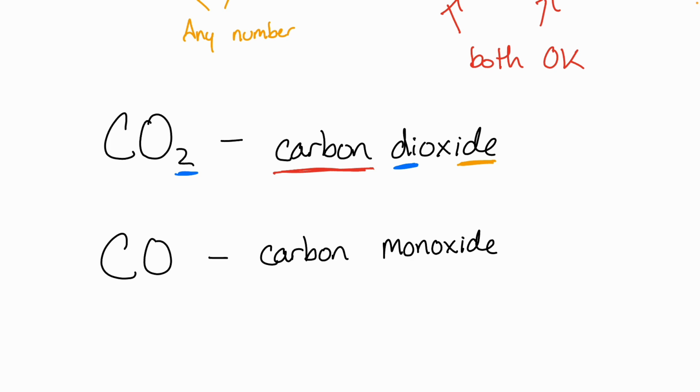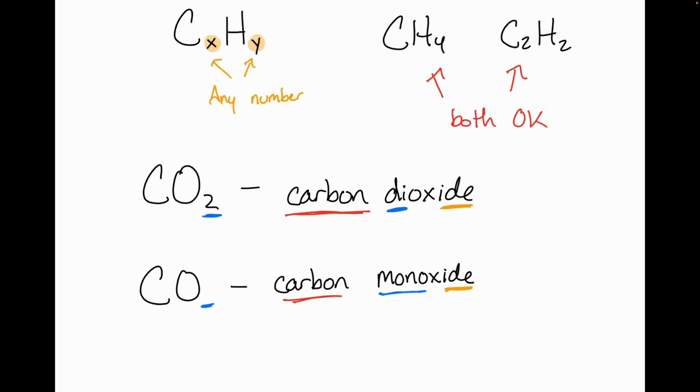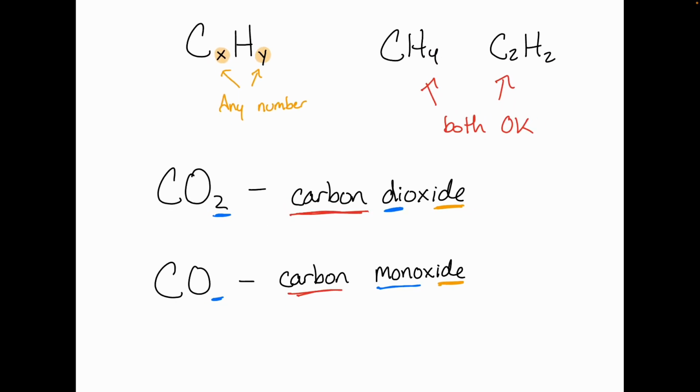Again, the carbon name didn't change, IDE ending on the last thing. And now we have this prefix mono, indicating that there is only one oxygen in that formula, right? So again, these subscripts can be any number. So what we do when we name our covalent compounds is we make sure to build what those numbers are into the name, because otherwise you wouldn't know.